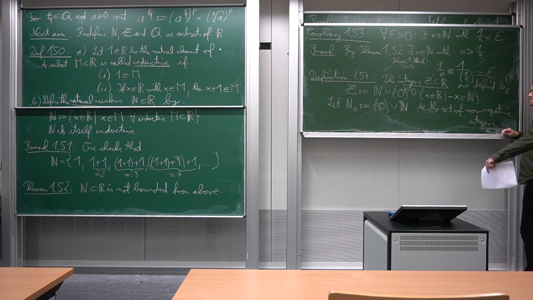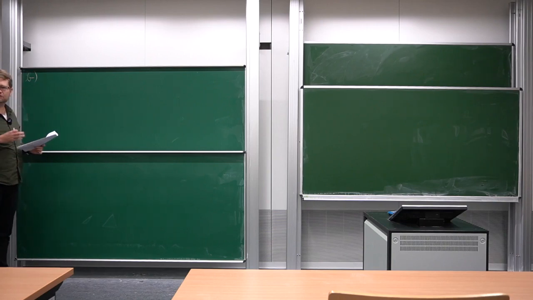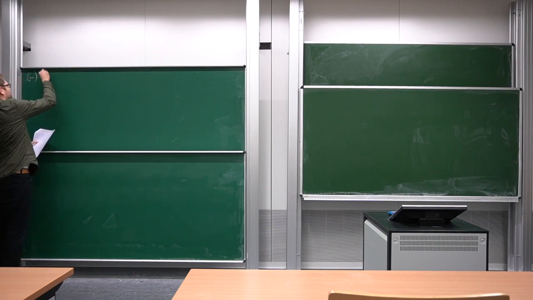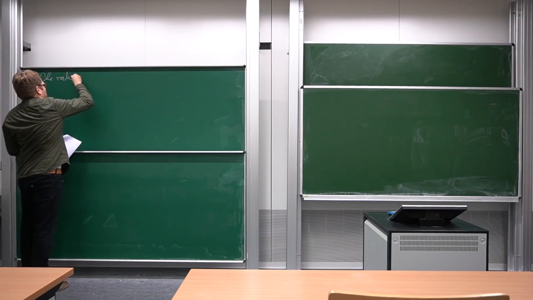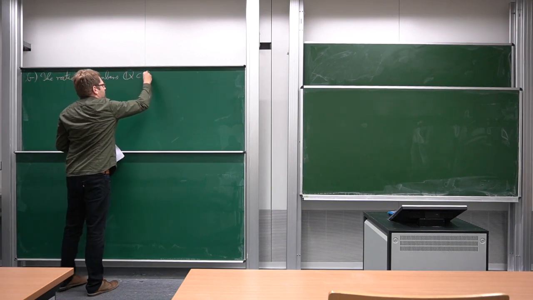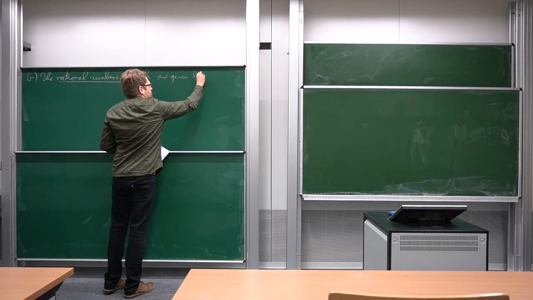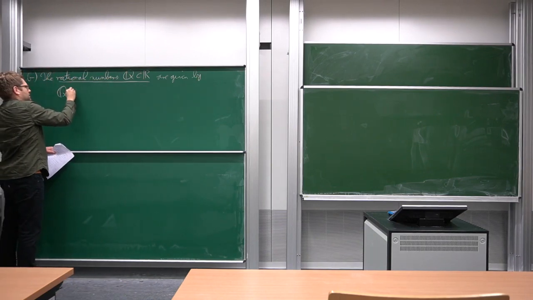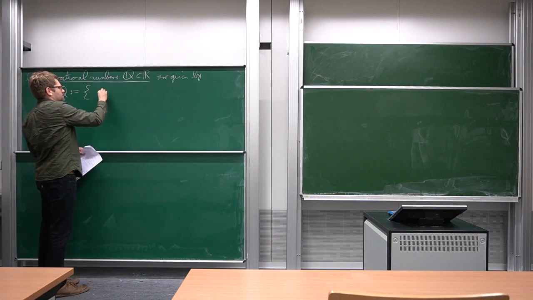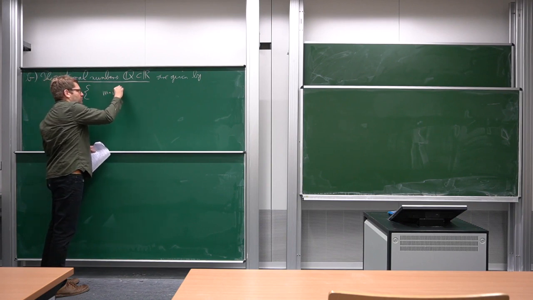Okay, next up are the rational numbers, and I will just erase the blackboard. Part B, we will define the rational numbers, and now that we've got the integers and the natural numbers, we can basically use the informal definition I gave before for the rational numbers and use this for a technically clean, precise definition as a subset of R. Namely, the rational numbers Q as a subset of R are given by Q, defined as the set of all, and now we just take an integer m and multiply it, this is field multiplication of R, with the inverse of n.